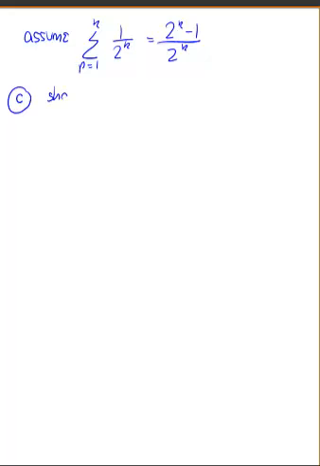New page. So let's write that assumption down again because we're going to need it. So we're assuming the sum of 1 over 2 to the p equals 2 to the k minus 1 all over 2 to the k. So my last step is we need to show the sum from p equals 1 to k plus 1 of 1 over 2 to the p equals 2 to the k plus 1 minus 1 all over 2 to the k plus 1.